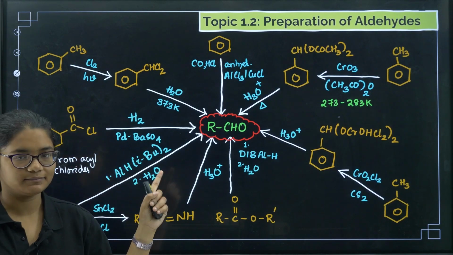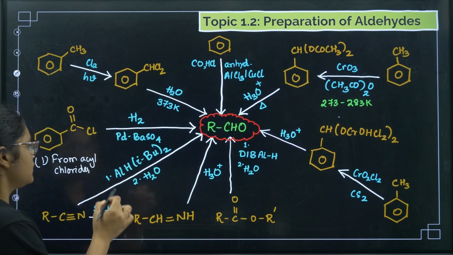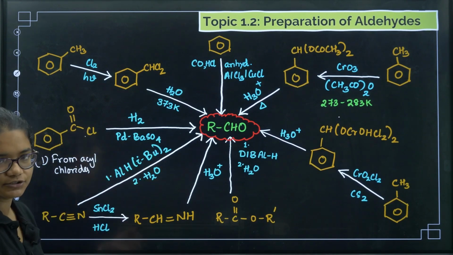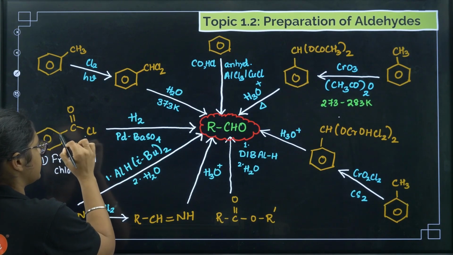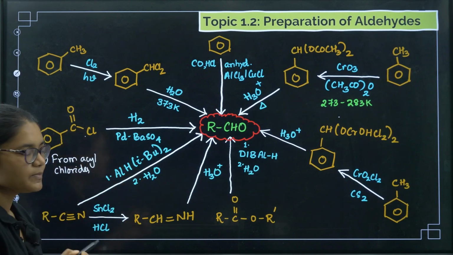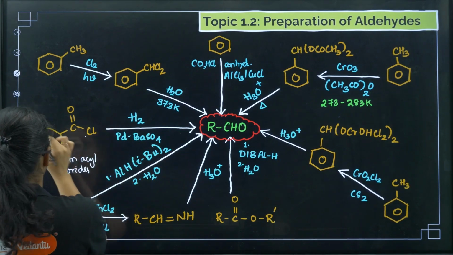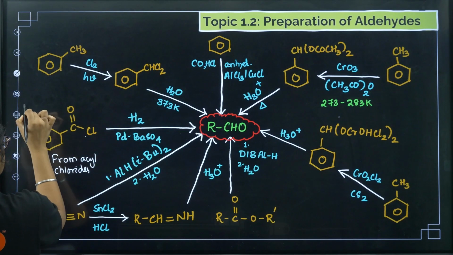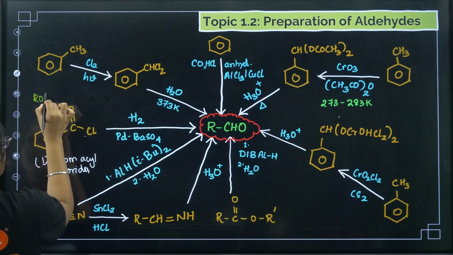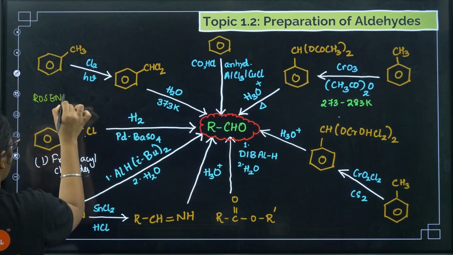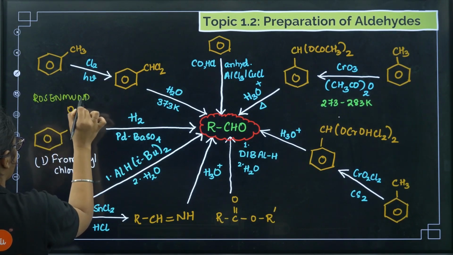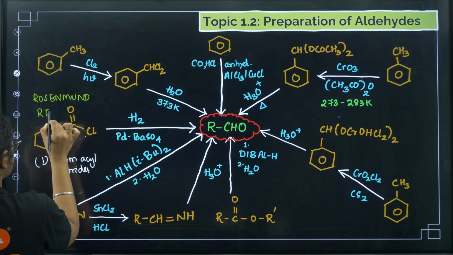H2, palladium on barium sulfate. This Cl is replaced with H. So we will get benzaldehyde, C double bond O, H will come here. Now this particular reaction has a name, and this is called the Rosenmund reaction.